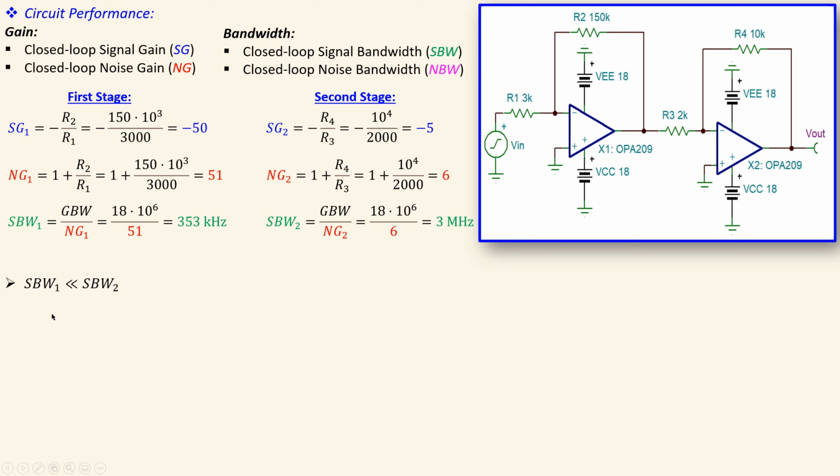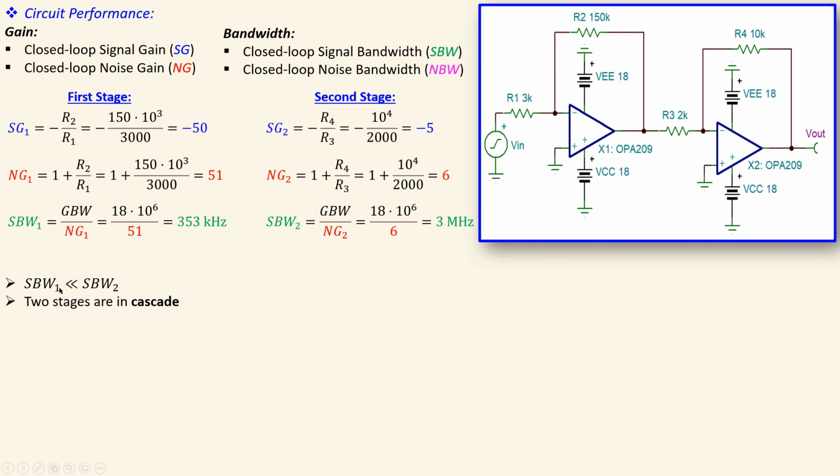Now, the signal bandwidth of the first stage is much smaller than the signal bandwidth of the second stage. So if you set this in megahertz, it will be 0.353 megahertz. It will be approximately 10 times smaller than that one, at least 8 times. Now that means this is the much smaller. In that case, the two stages are also in cascade.